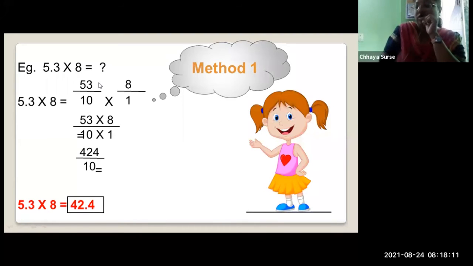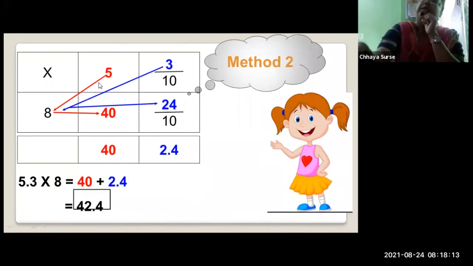Now we see the second method. This is the lattice method. By the lattice method, you can multiply the decimal fraction. Now 5.3 converts into 5 and 3 upon 10. Then multiply by 8.